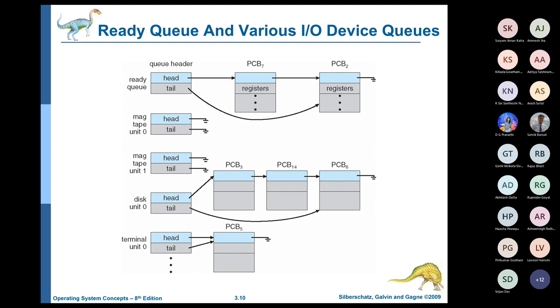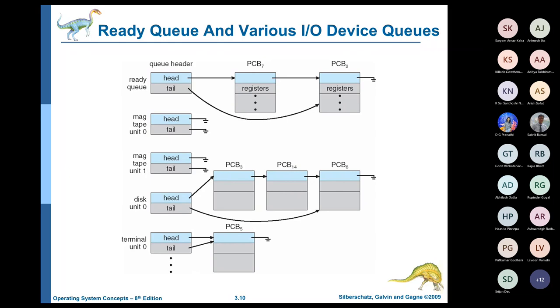First of all, there is a ready queue which shows which processes are currently under contention. They are in the ready state, and if given the opportunity, they can run. As usual, it is a queue, typically a linked list implementation maintained by the operating system, where each node is a process control block structure.